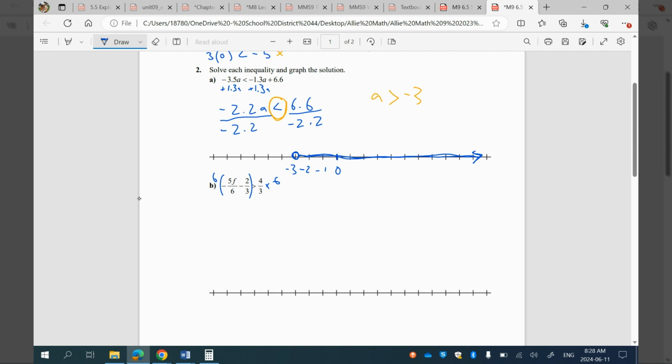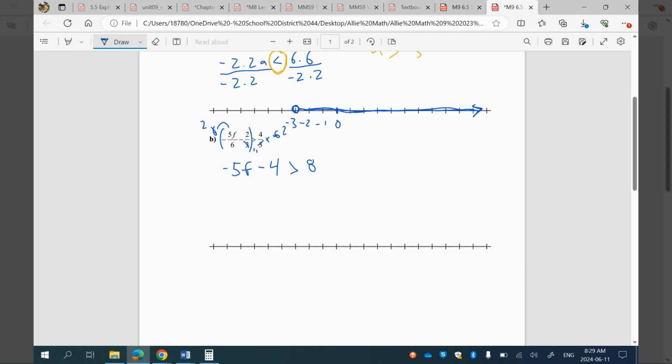This is going to give us negative 5f, and 6 times negative 2/3 would give us negative 4. And then that's greater than 6 times 4 over 3. 3 can go into 3 once, 3 can go into 6 twice, and then we've got 8.